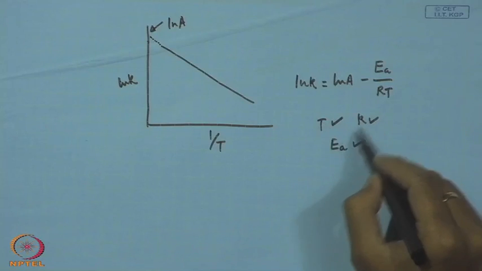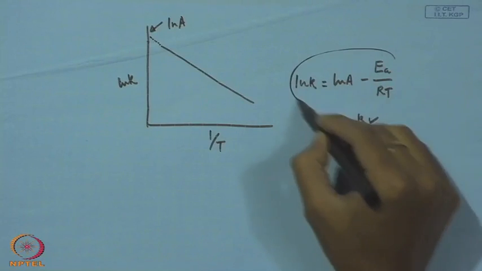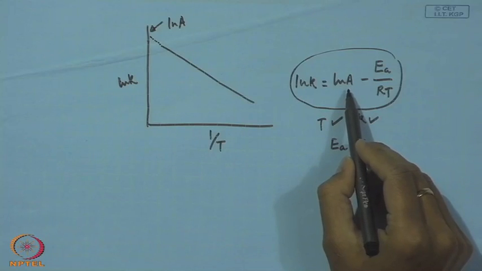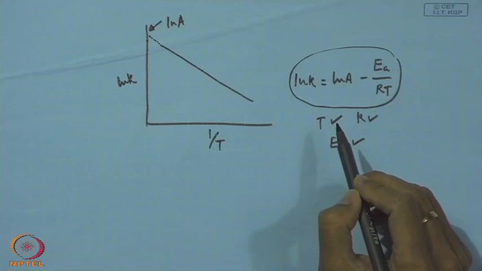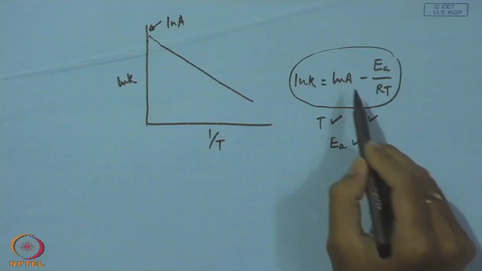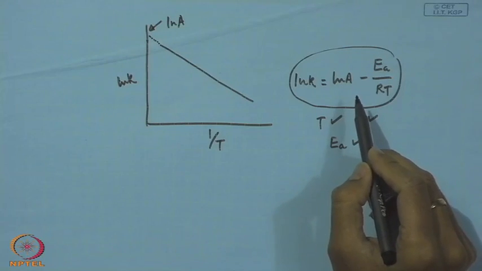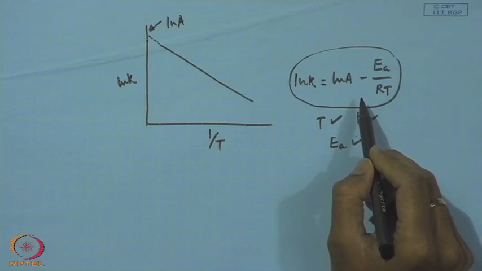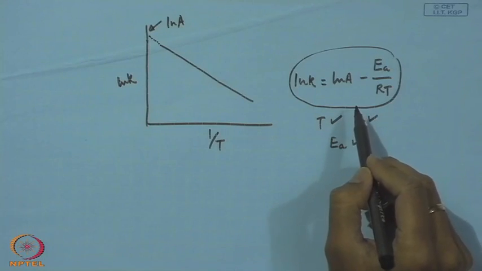So, you plug in all these three pieces of information into this expression, and that will help you find out this A. Okay. So, in this way you can find this pre-exponential term as well. Maybe it can be a graphical way, or maybe it can be just putting these numbers into this equation to find out the value of A.